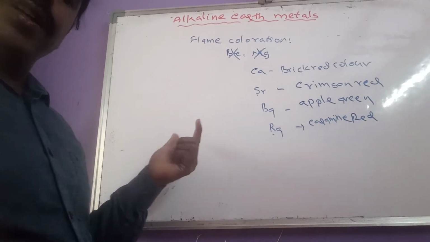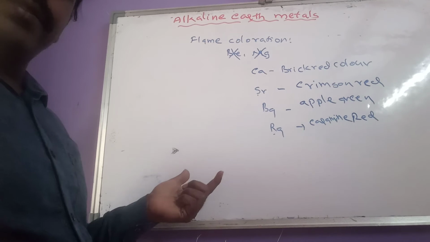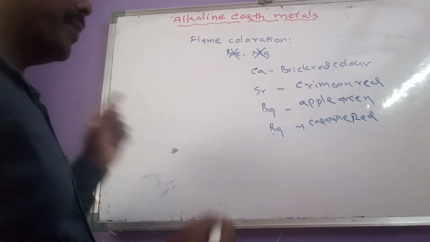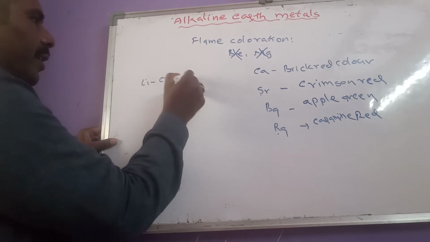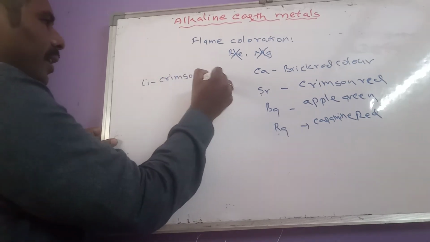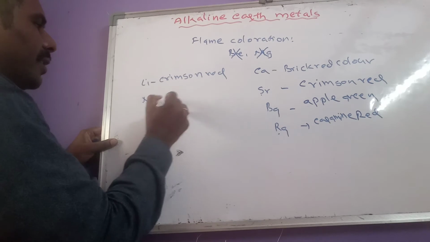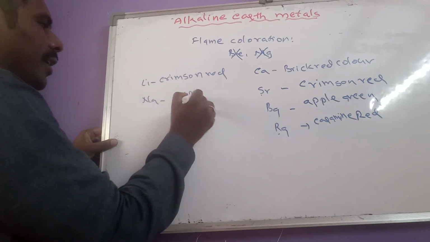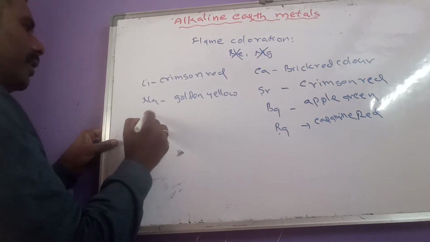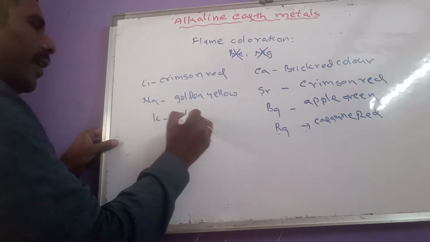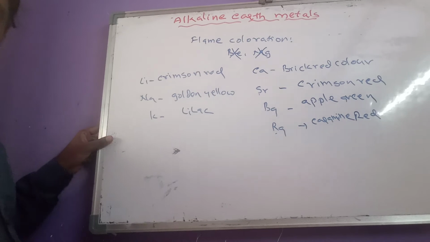And let us see the first A group elements' colors also, then only you can easily remember. Lithium is having crimson red color, and sodium is having golden yellow color. And potassium is having lilac color.